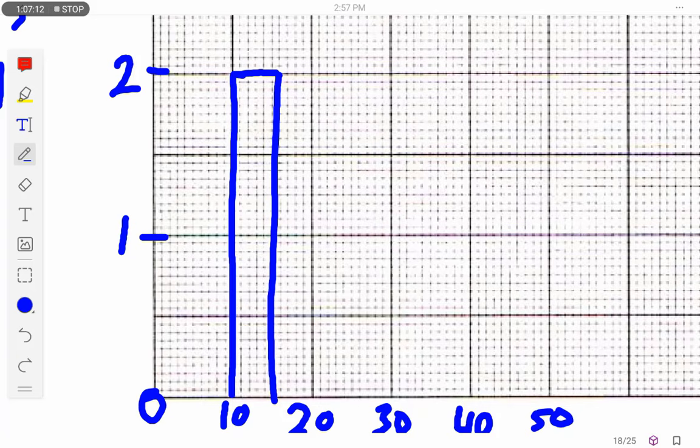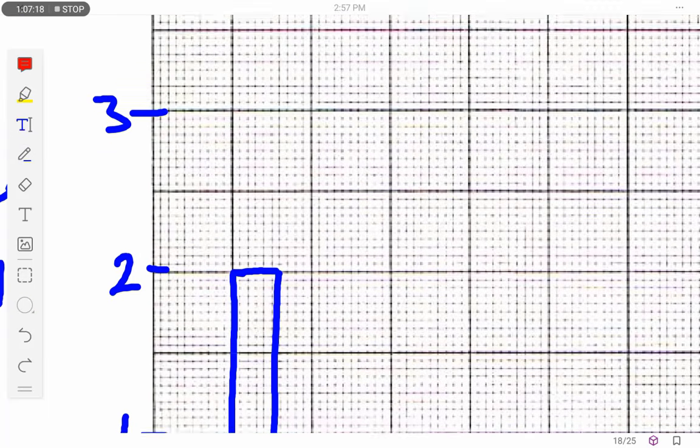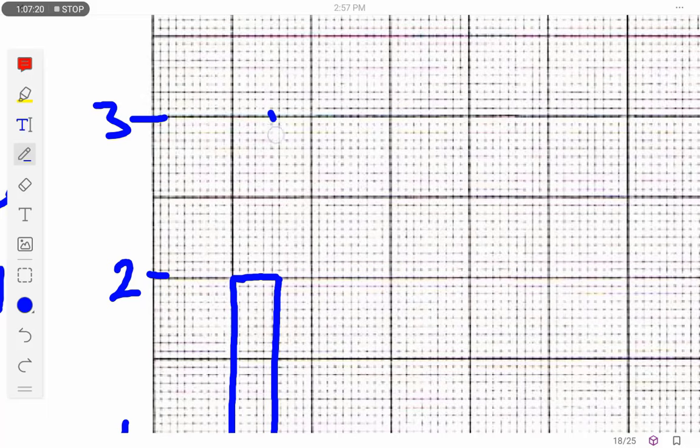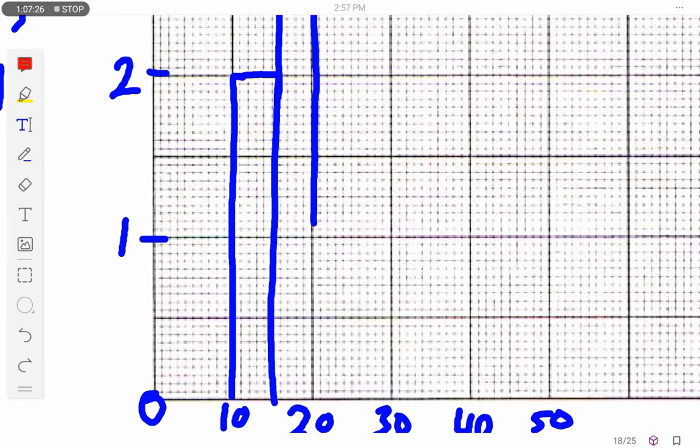Then the second one is 15 to 20, and it's at 3. So it's above there at 3, and then we are going down like this. Then the other one is 20 to 30, which is 1.4. 1.4 is just 2 boxes below. Then it goes down like that.